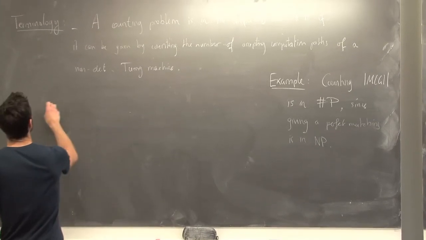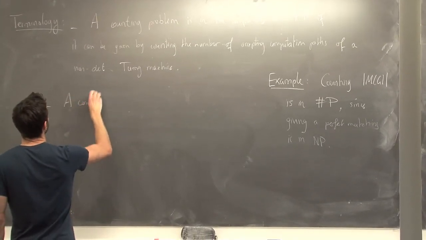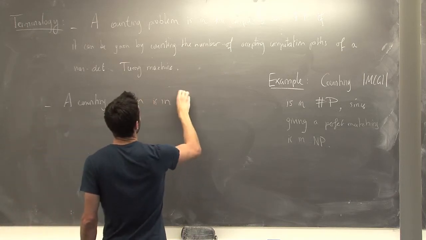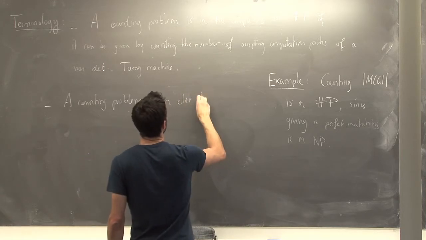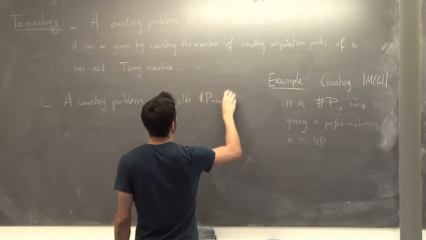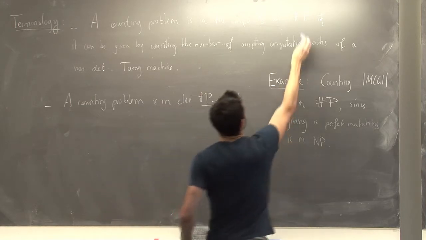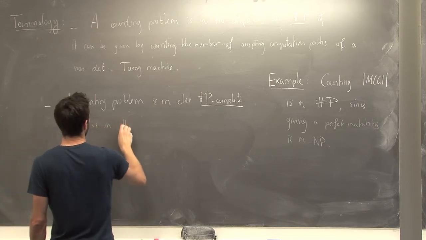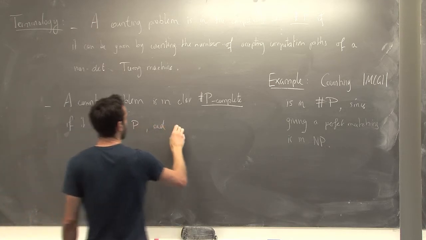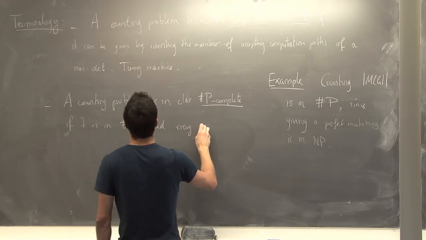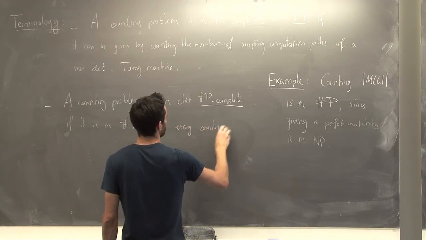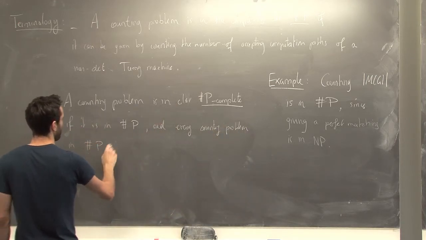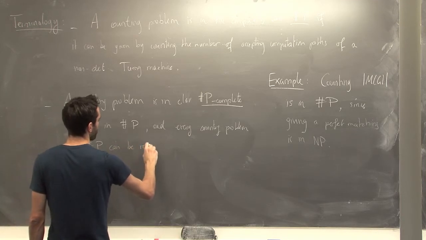Now, a counting problem is in the class sharp P complete if it is in sharp P and every counting problem in sharp P can be reduced to it.